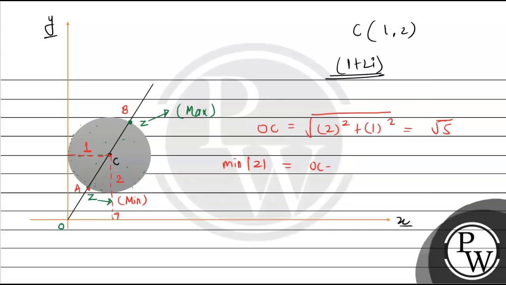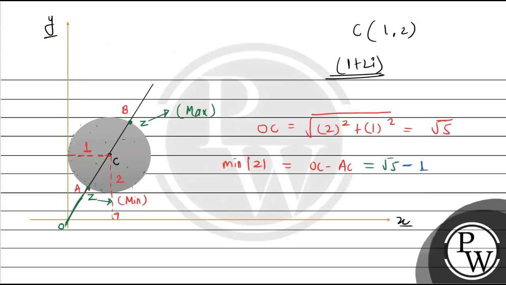Because we want to find OA, and OA is OC minus AC. So OC we have found root 5, and AC is basically the radius of our circle, which is 1. So root 5 minus 1 will be the minimum of Z modulus. Okay, so just make a note of it here that minimum of modulus of Z will be root 5 minus 1. Okay, now again come to our graph.